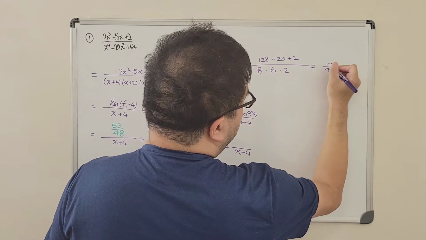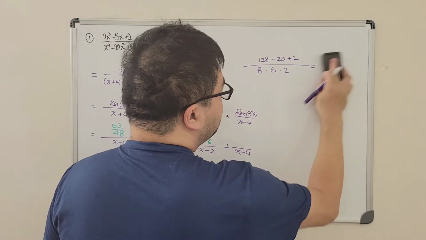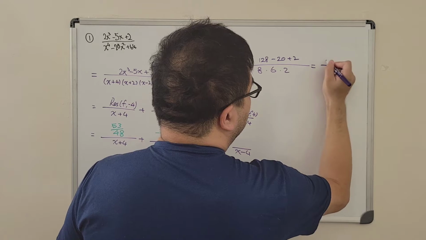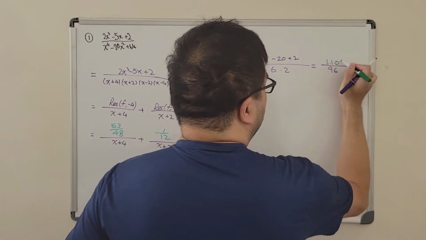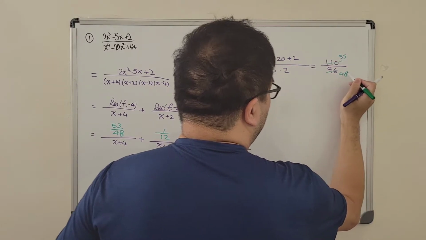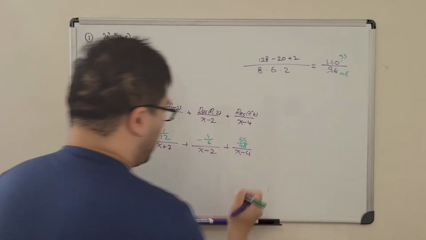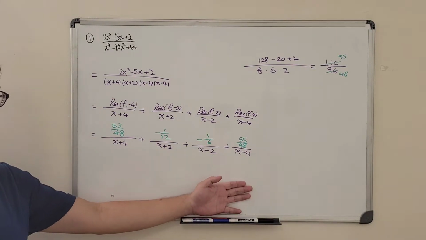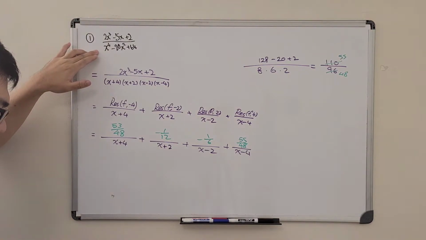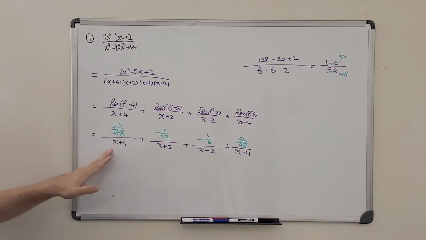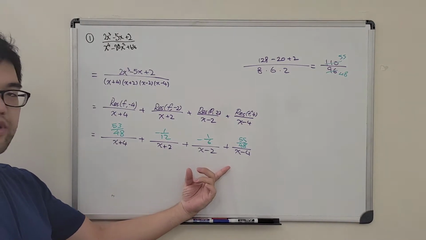And if we cross out the 2, we'll get 110 over 96, and if we simplify it, we get 55 on top, 48 on bottom, meaning the residue here is 55 over 48. And that is it. We actually get our answers for this expression using the residue method to do the partial fraction decomposition.